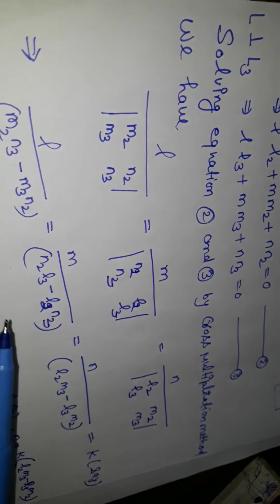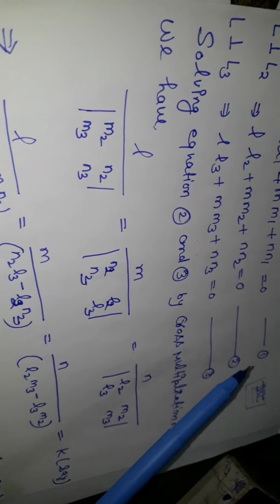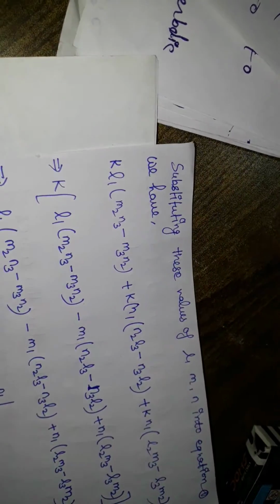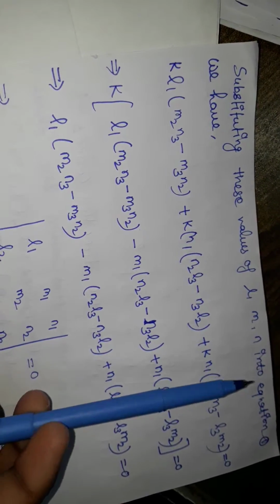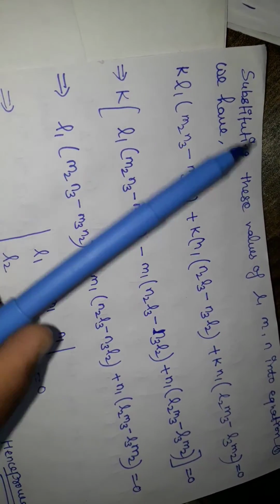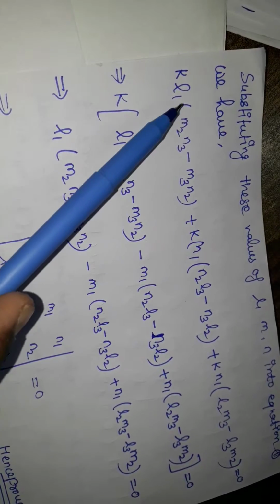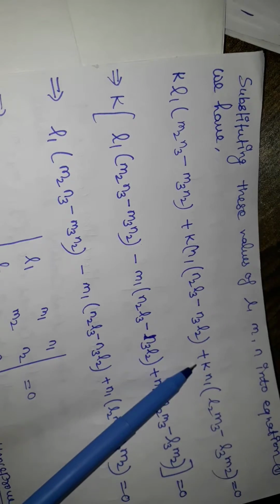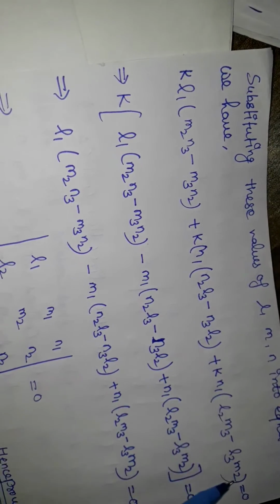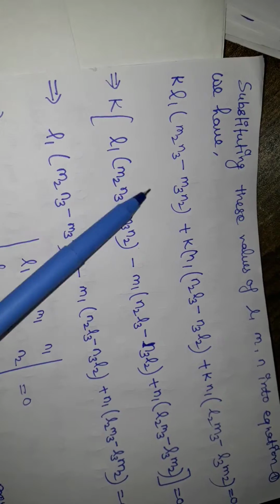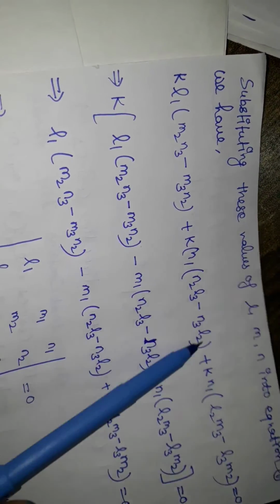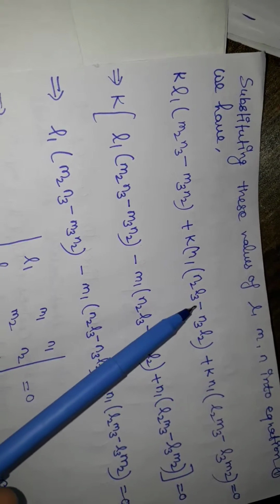If we put these values of L, M, N into the first equation, we get our required relation. Substituting them, I get this expression, and K is common in all the terms, so I take K out.